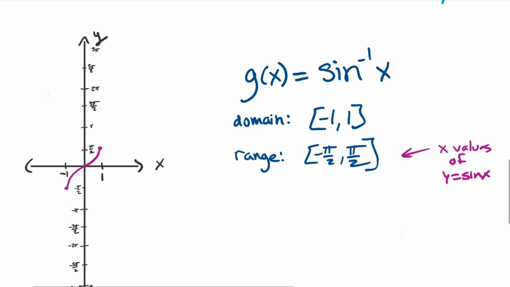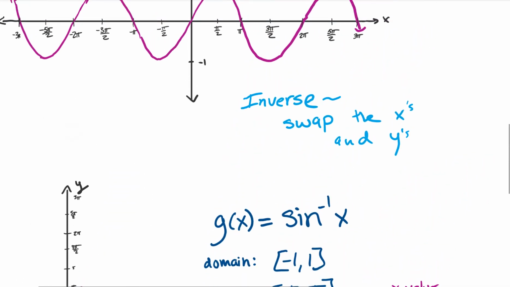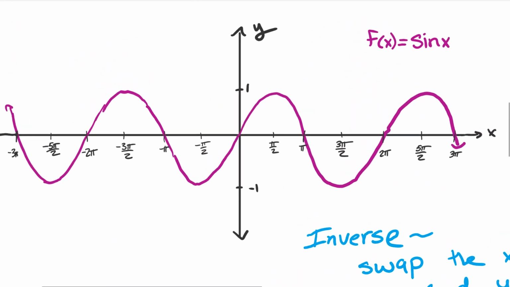Okay, I want to go back up and talk about this. We said there's this inverse function, we'll call it sine inverse of x. What happened was we restricted ourselves in between just this and this.